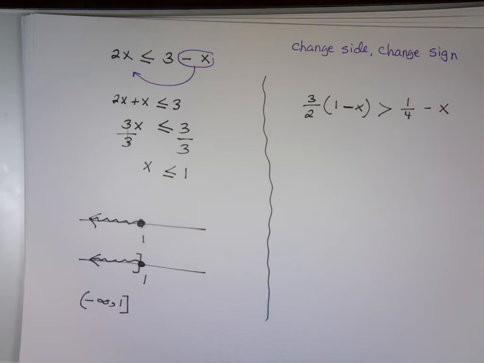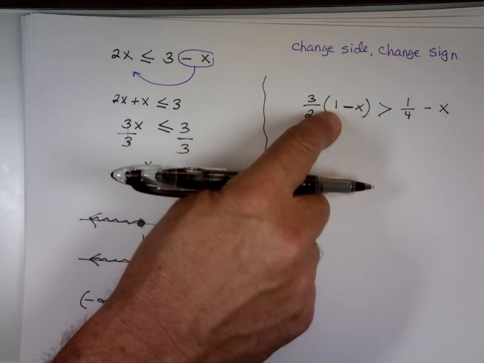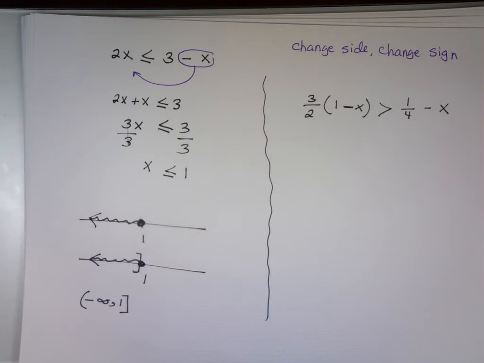What do you think? Any idea? Suggestion? Can you make them separate and then distribute this over? Yes. Okay, I could. That wasn't my choice, but I'll show you that.